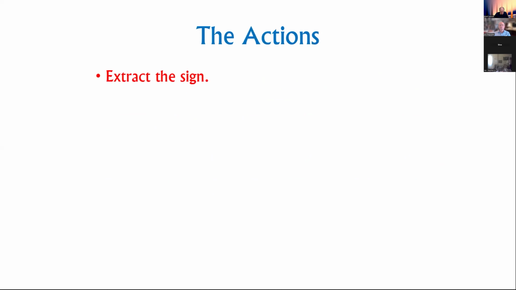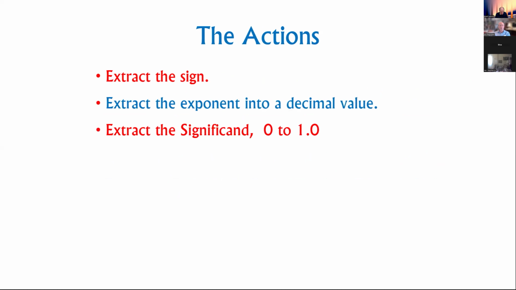translatable. So the actions that the word REPRESENT does is, the first thing it does is it extracts the sign. It then extracts the exponent, placing it into a decimal value, and it extracts the significand, which is placed as a number between 0 and less than 1. I believe this is all done in the floating point processor.